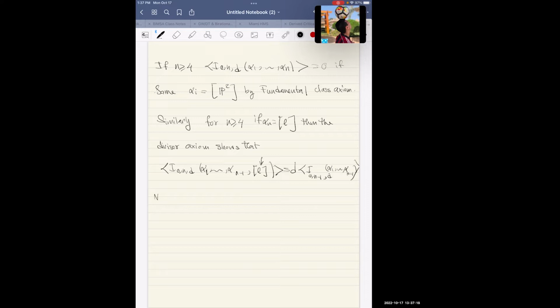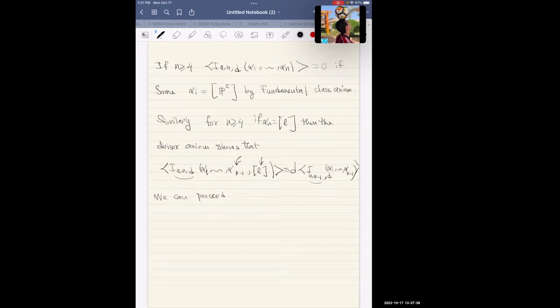Okay, we can proceed inductively this way. Each time I can choose the last one to be the class of a divisor, and I can keep going down and relate Gromov-Witten invariants for n marked points to n minus 1, n minus 2, and so on and so forth.